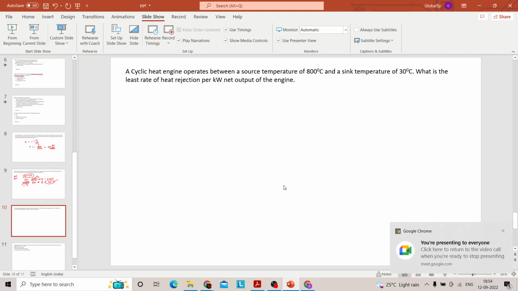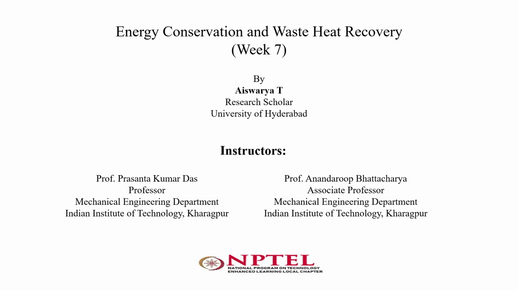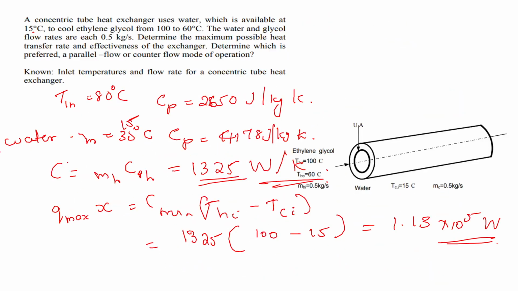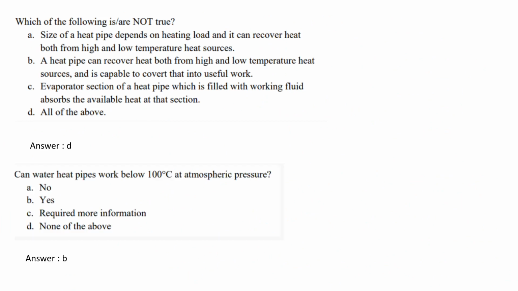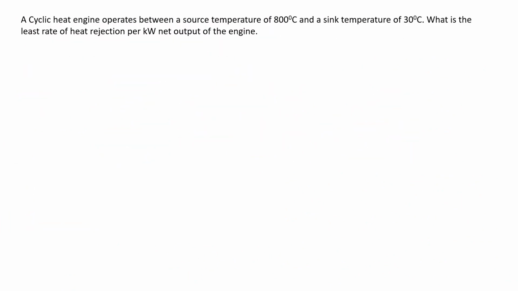So see in this problem, what are the things given? A cyclic heat engine operates between a source temperature and a sink temperature. What is the rate of heat rejection per kilowatt net output of the engine? So T1 is given, T2 is given.